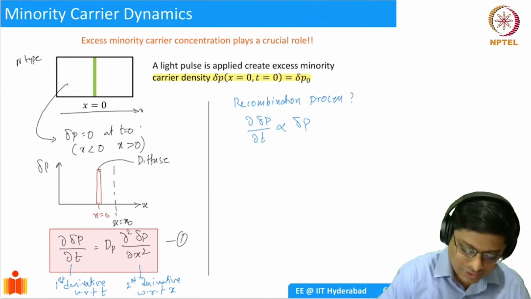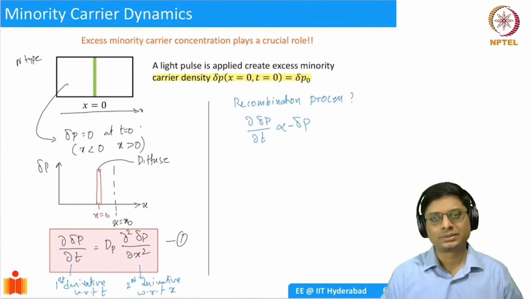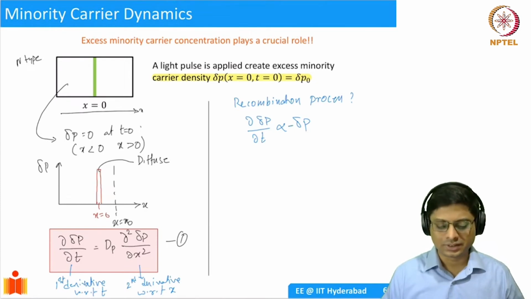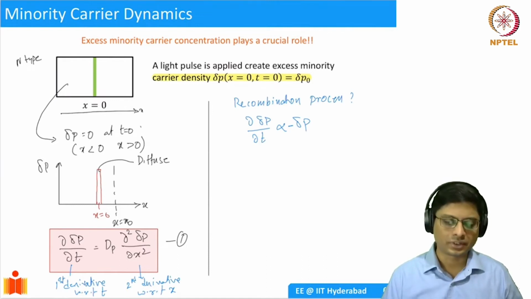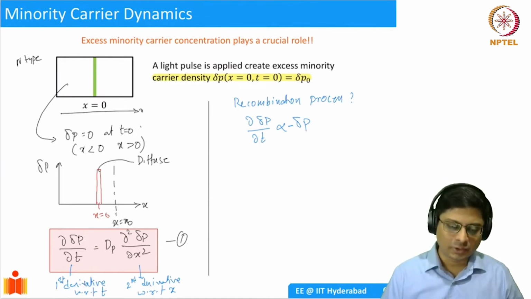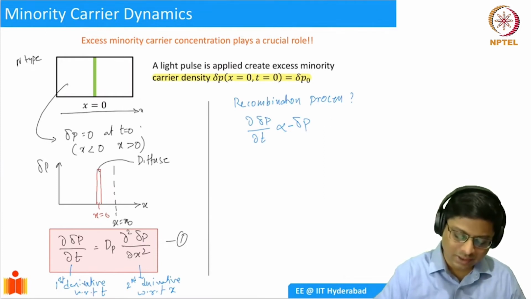So the proportionality constant in this equation should have a minus sign, to denote that you have a decrease in the rate at which the minority carriers are changing with respect to carrier concentration.